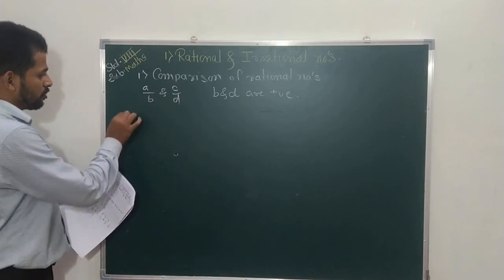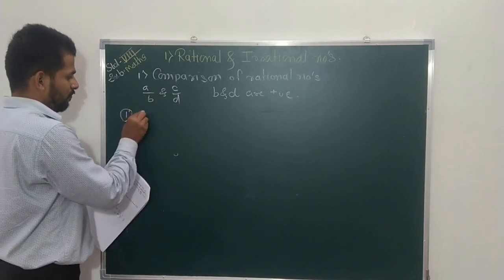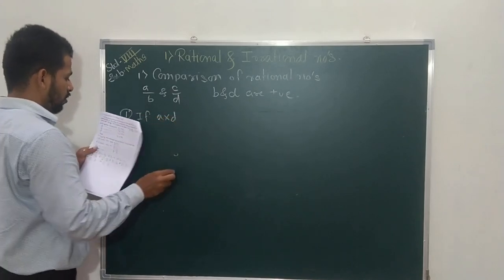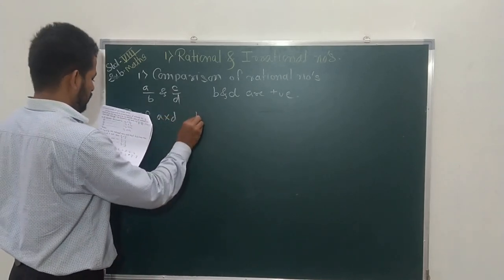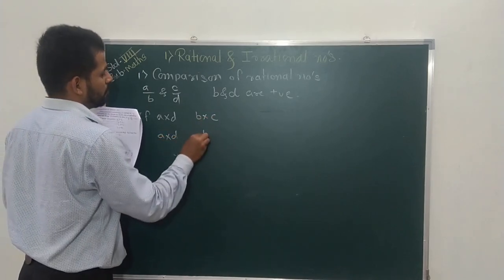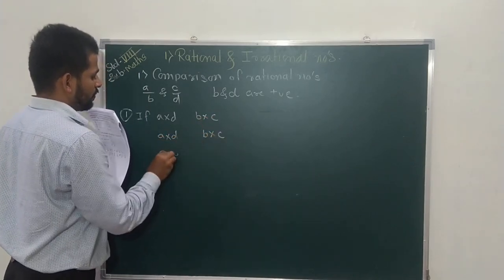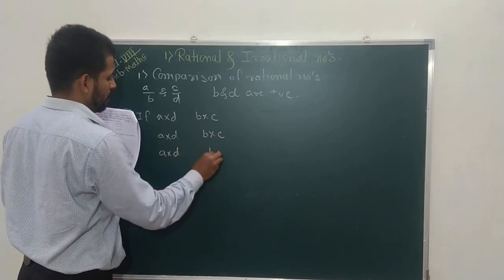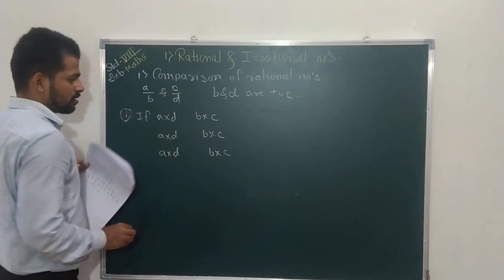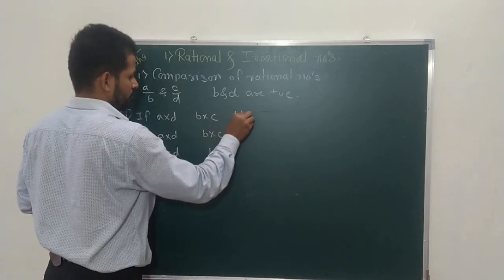Then the first possibility: A multiplied by D, and B multiplied by C. Here also there are three possibilities.